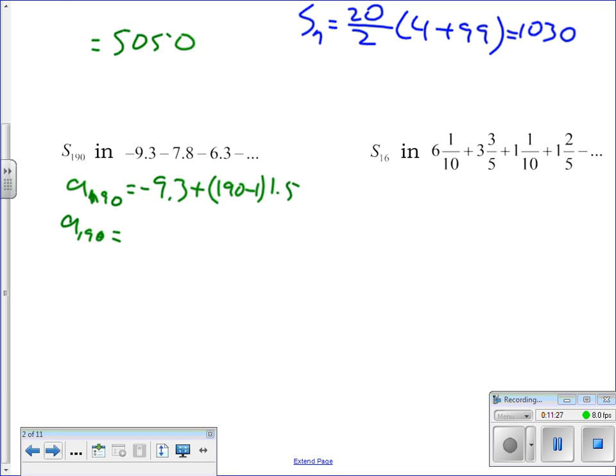That helps. 189 times 1.5 plus negative 9.3.